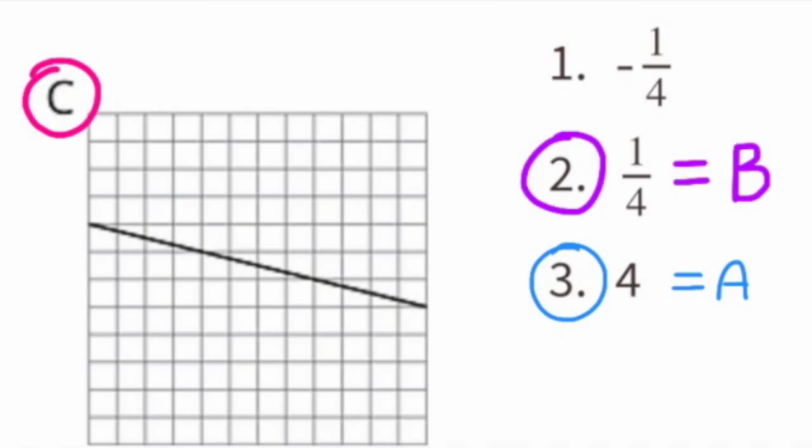Let's take a look at the line on graph C. First, I need to find the perfect places to put points to help me find the slope. These 2 locations are good places for me to put points. The rise is down 1, or -1, and the run is 4 places to the right, or +4. So the slope of the line on graph C is -1/4.